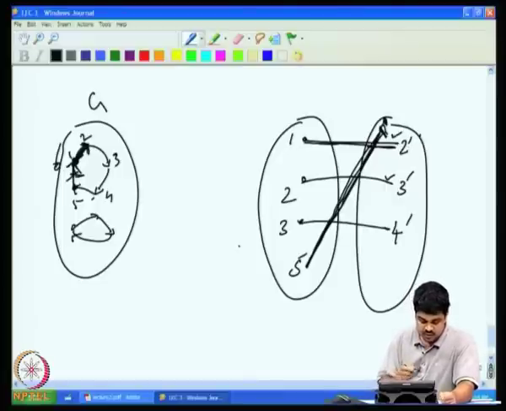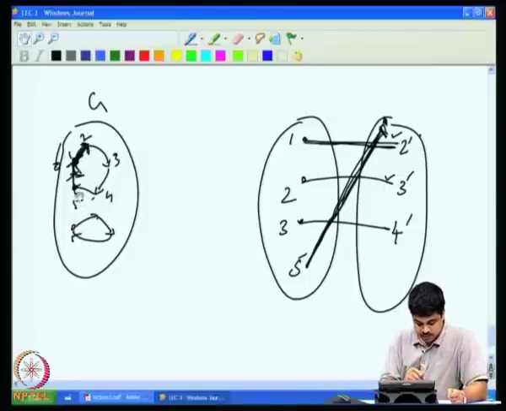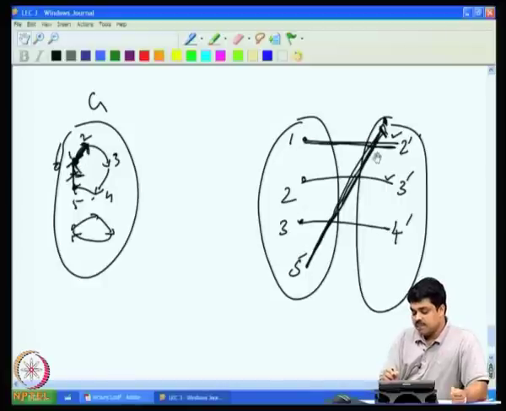In other words, a vertex has one outgoing edge and one incoming edge. The outgoing edge will become the edge incident on the copy of that vertex on the A side. The incoming edge will become the edge incident on the copy of that vertex on the B side.